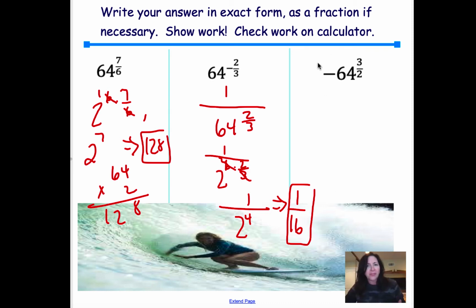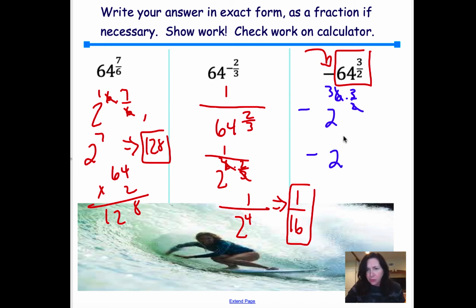For this problem, this is just the opposite of whatever you get from 64 to the 3/2. So we're going to take the opposite of 64, which is 2 to the 6th power, to the 3/2 power. 2 divides into 6 3 times. 3 times 3 is 9. So we have negative 2 to the 9th power, or the opposite of 2 to the 9th power.